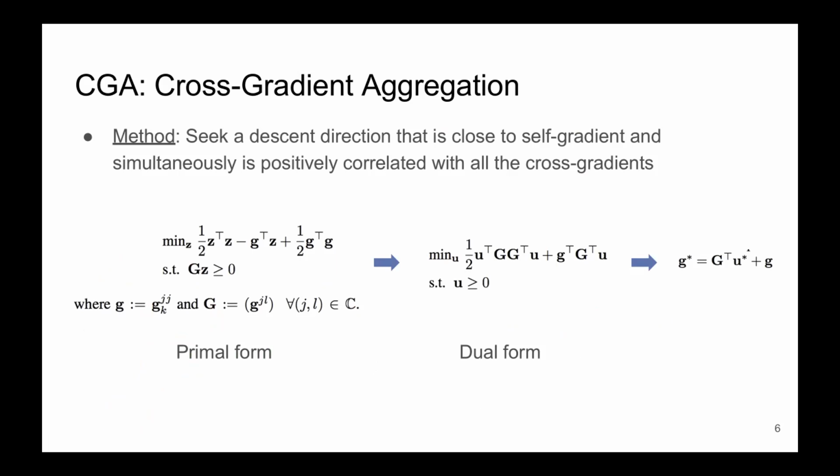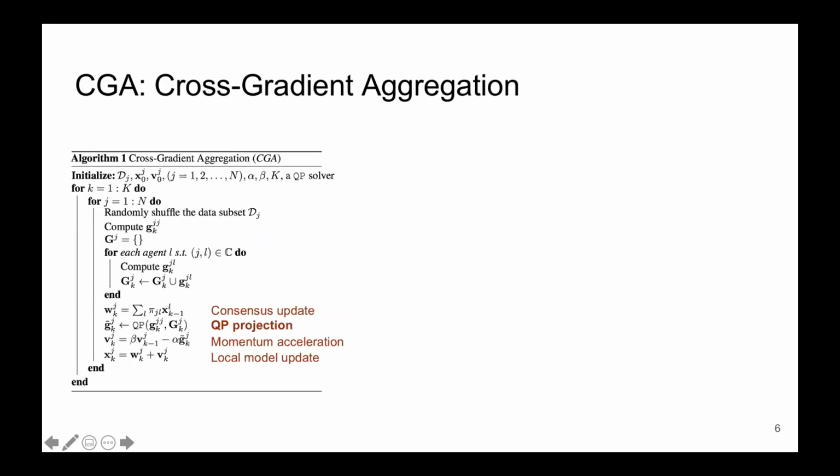And once we solve this dual formulation, we can get an optimal dual variable u star, and we can recover the optimal projection direction using this equation here.